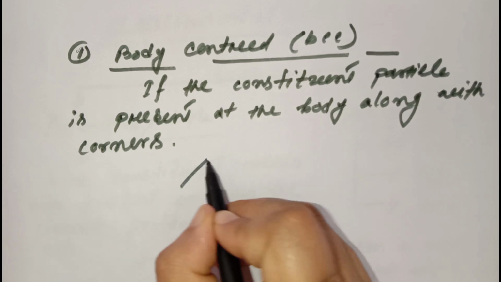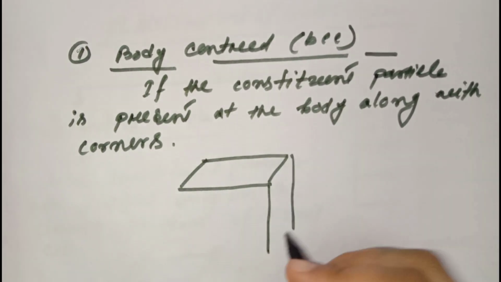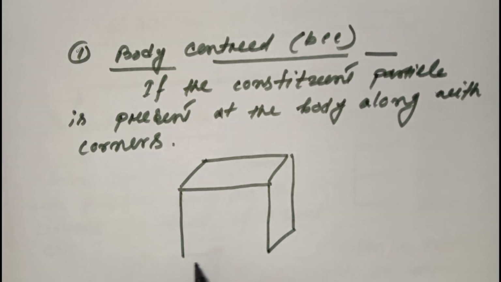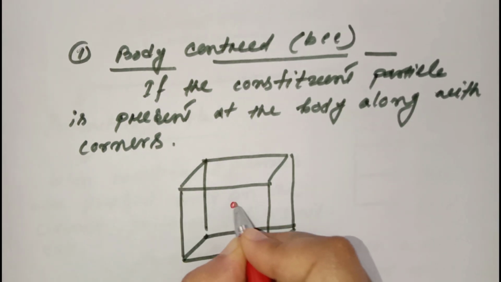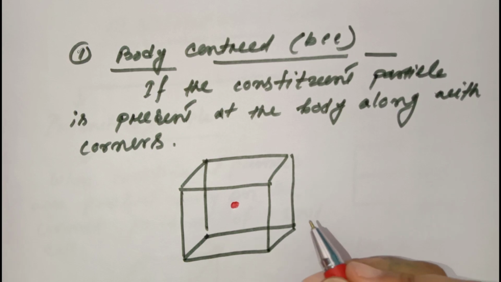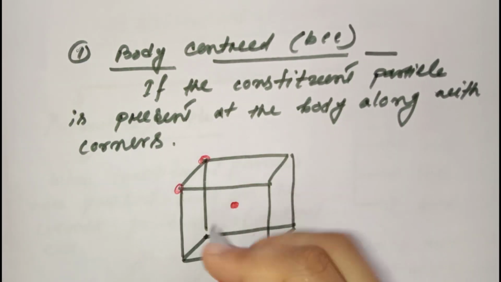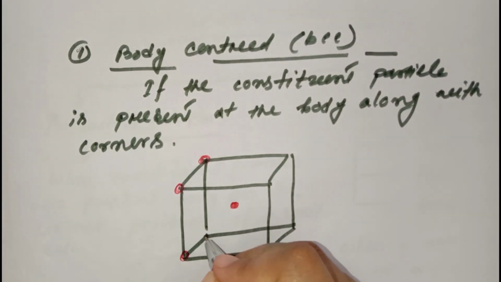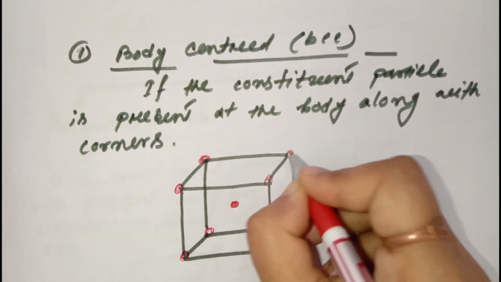See, this is a unit cell. This is the center of that unit and these are 8 corner atoms. 1 2 3 4 5 6 7 8.